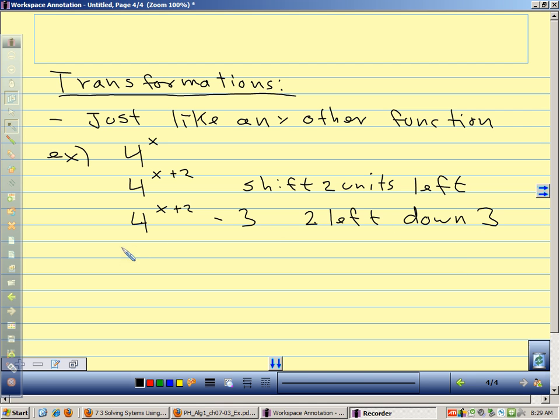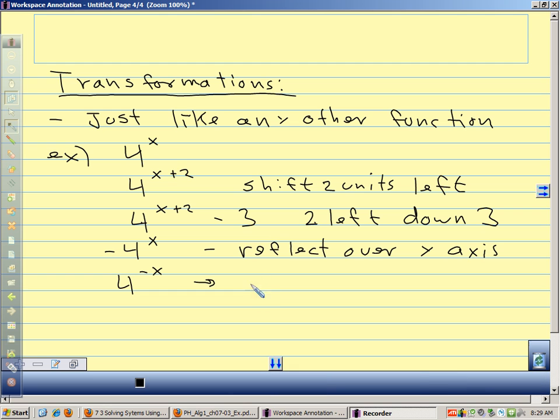If I did minus 4 to the x, it's going to reflect over the x-axis, and 4 to the minus x is going to reflect over the y-axis.